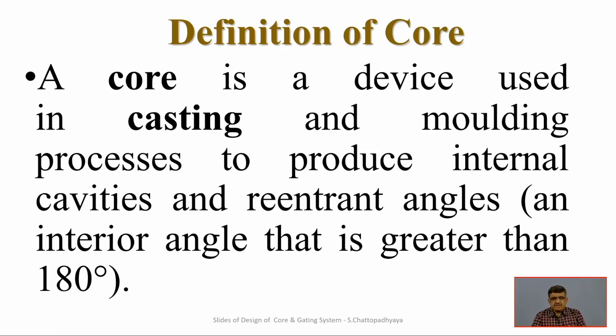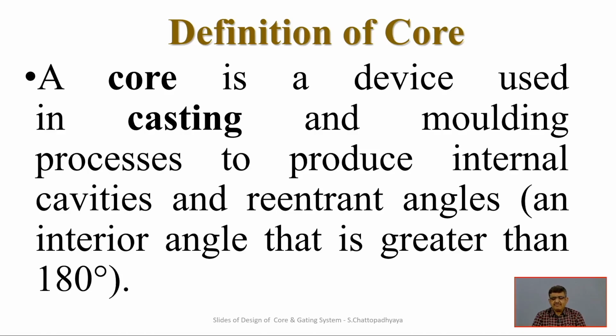So the definition of the core is, it is a device used in casting and molding process to produce internal cavities. Internal cavities are always critical and difficult to produce. It also produces reentrant angles, an interior angle that is greater than 180 degrees.